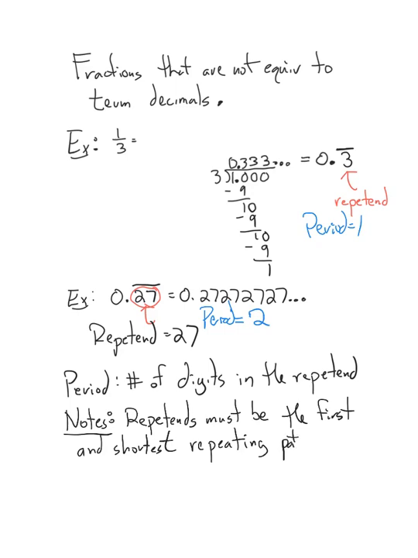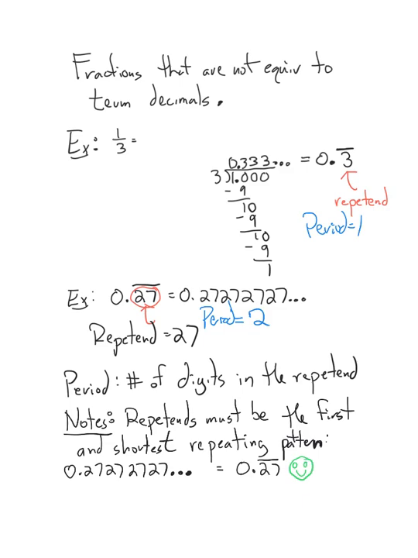So what do I mean by that? Let me give you a few examples with that 0.27. If it was 0.27272727 all the way infinitely far to the right, well, if we wrote it as 0.27 like that, that's good. That's the smallest thing that repeats, and it comes first.